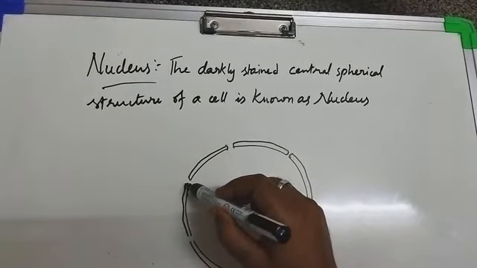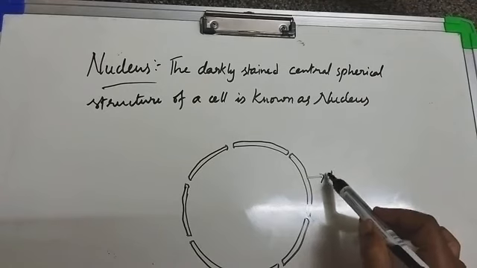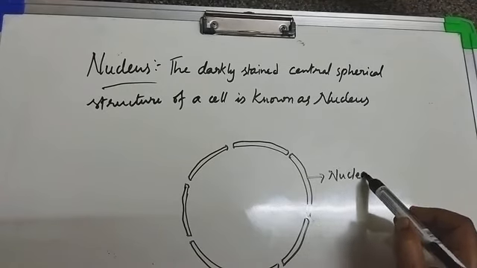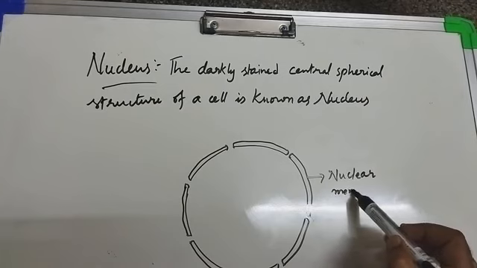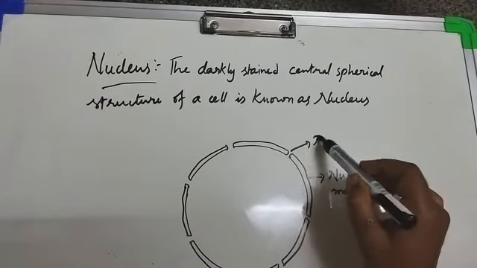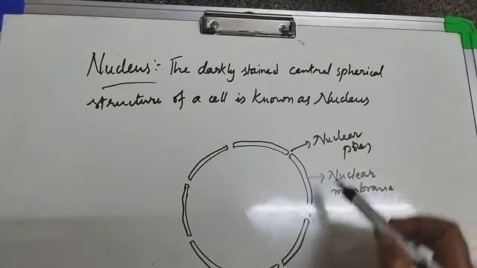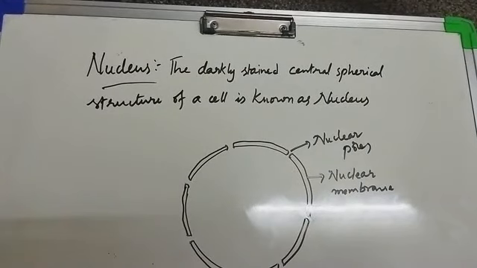So small pores are formed, these are called nuclear pores. This is the nuclear membrane, and these are nuclear pores. How are nuclear pores formed? By the invagination of the outer layers of the nuclear membrane.